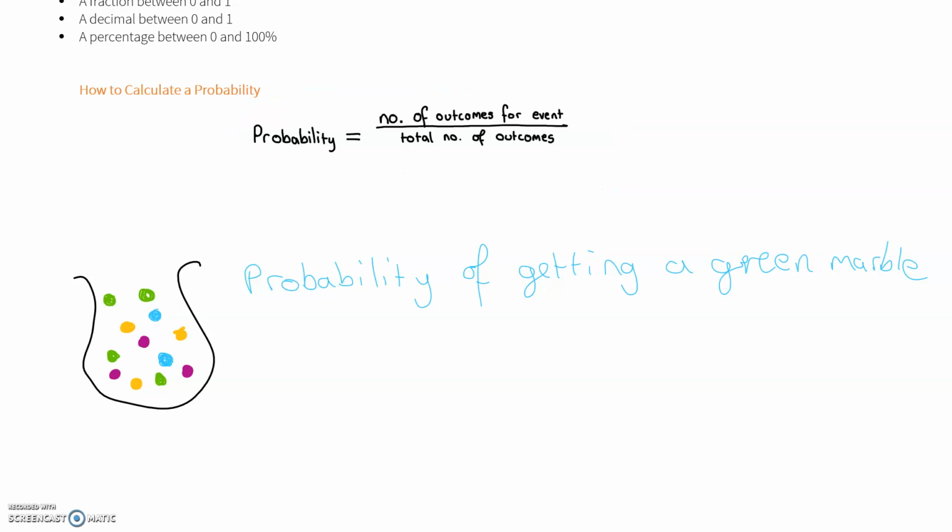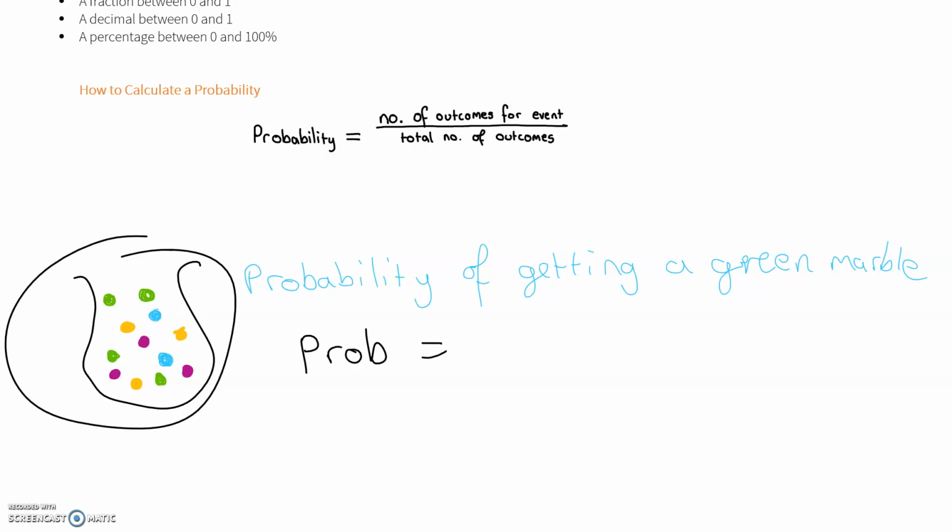Okay, so let's apply this equation. So we're going to say the probability is the total number of outcomes for the event. So in this case, the event is getting a green marble. So let's look at our bag. And we say, okay, well, there's 1, 2, 3, 4 green marbles. So we're going to put a 4 on the top of our fraction.